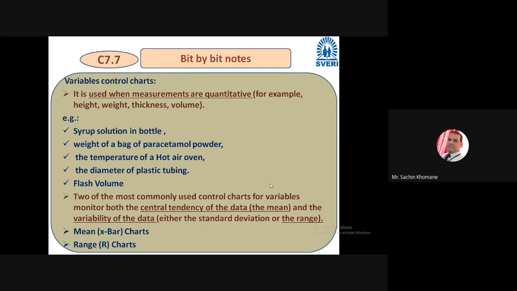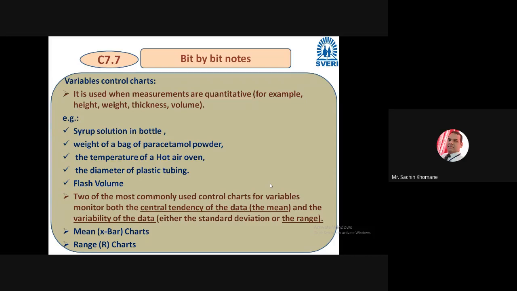I was talking about the variable control chart. There are two basic charts: mean chart or x bar chart, and range chart or r chart. We are not talking in terms of mean or range, we are talking only about x chart and r chart. These control charts for variables monitor both the central tendency of the data, meaning the arithmetic mean, and the variability of the data, that is the range.